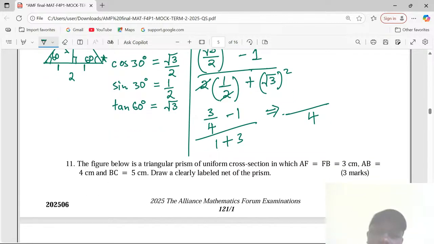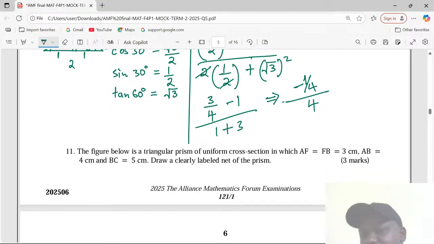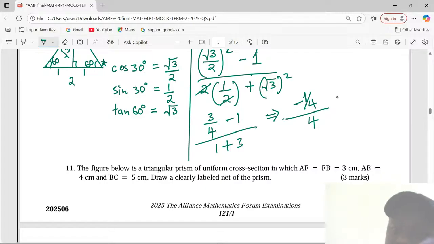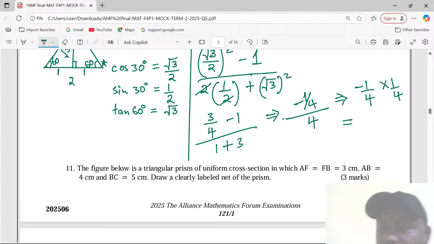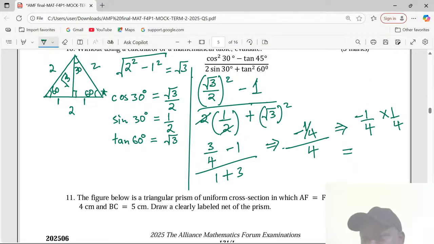Then when we take 3/4 minus 1, we get negative a quarter. So negative a quarter divided by 4. Dividing by 4 means multiplying by a quarter. I hope you understand that concept of dividing fractions.